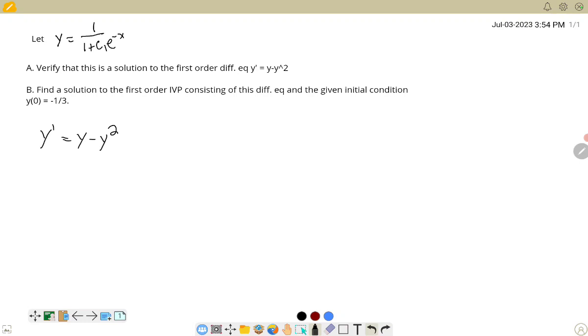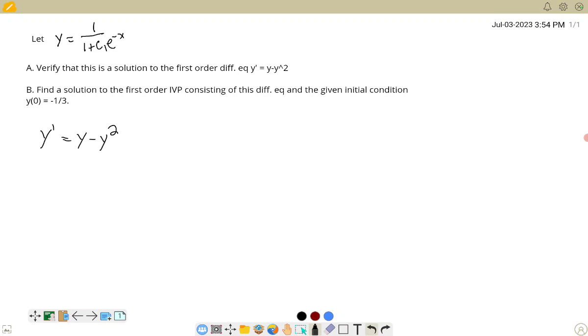First we have to see if that's a solution, and B, find a solution to the first order initial value problem consisting of this differential equation and the initial condition y of 0 is equal to negative 1/3.